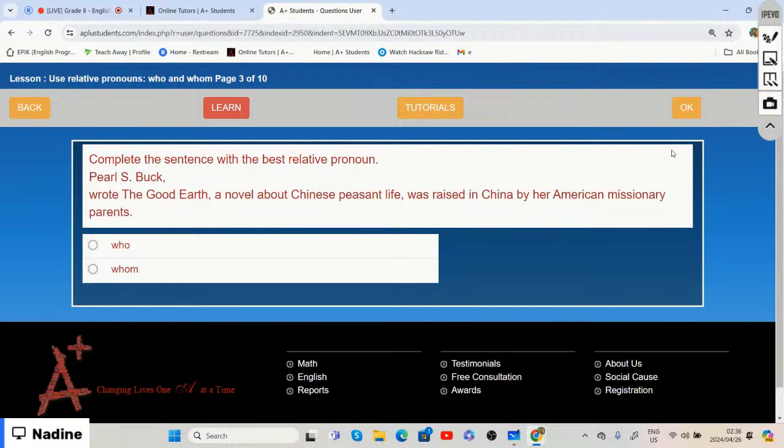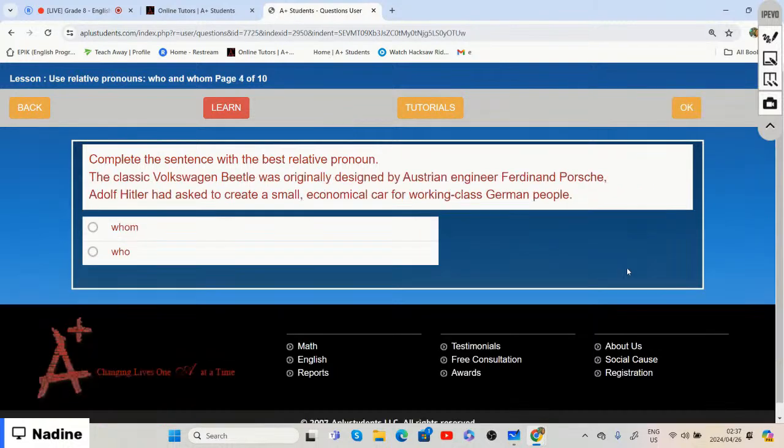So we can say Pearl Buck who wrote The Good Earth, a novel about Chinese peasant life. Right?